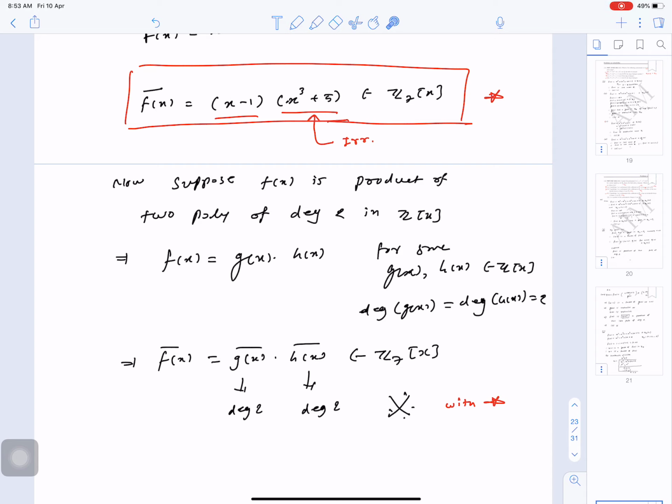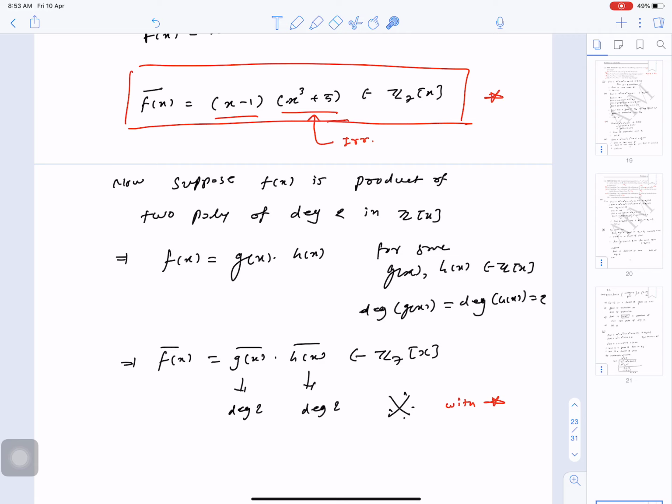Then fx will be gx into hx, and degrees of gx and hx are 2. So now you consider this expression in Z7, and from option C we know that f bar is a product of a degree 1 and a degree 3 polynomial, and this degree 3 polynomial over Z7 is irreducible.